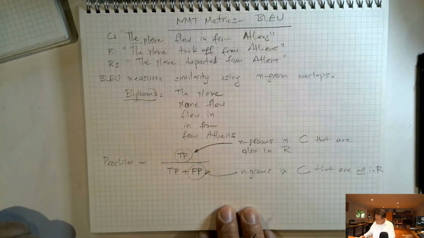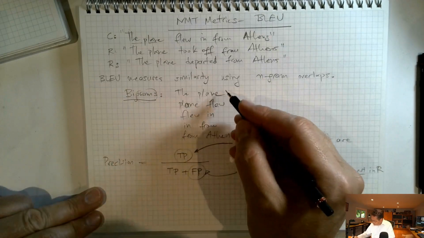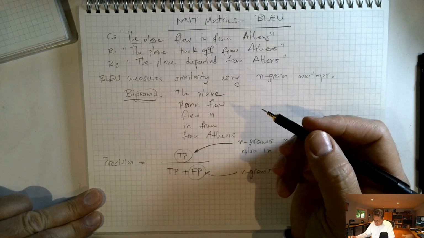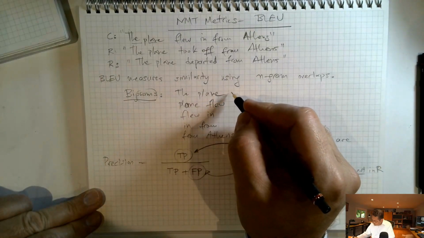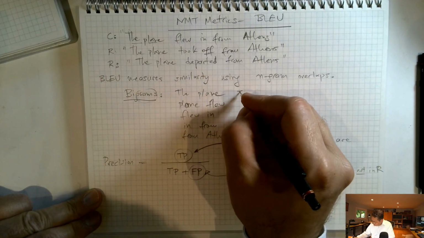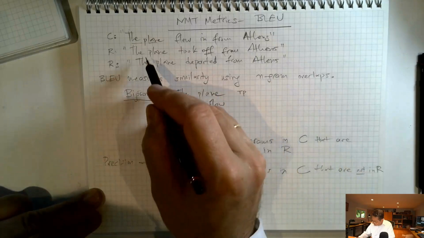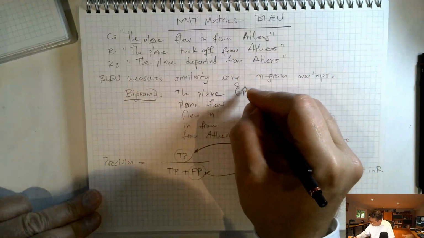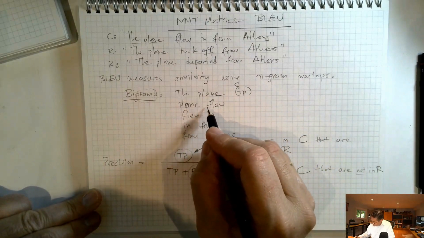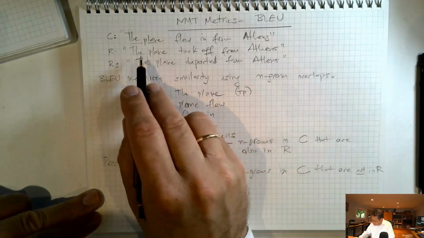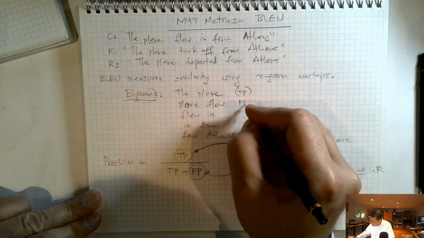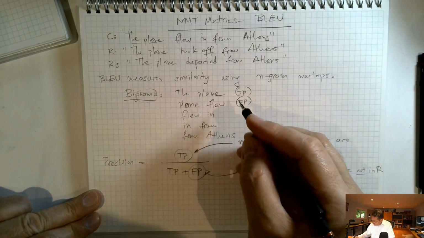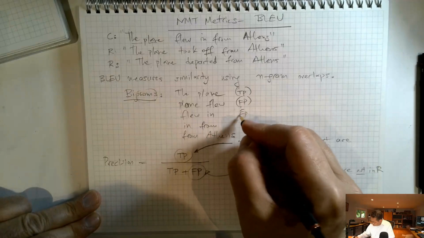So let's look at the bigrams of the candidate. Evidently, the plane corresponds to a true positive, because it's part of a reference. Plane flew. Well, no reference has it, so that's a false positive. Flew in, that is also a false positive.